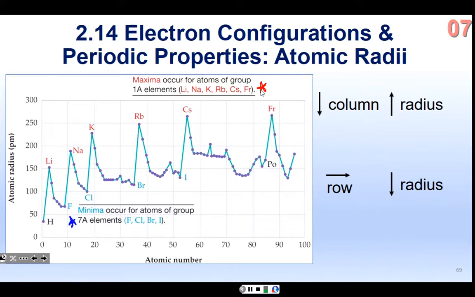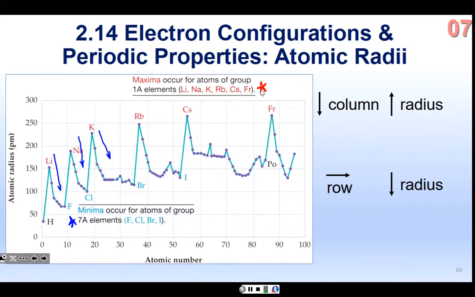And notice that if you look at this pattern, the radius goes down across a period quite consistently. And that is exactly what we showed on the previous slide, but it has to do with those protons and electrons and how they're pulled from a certain distance by how many protons.